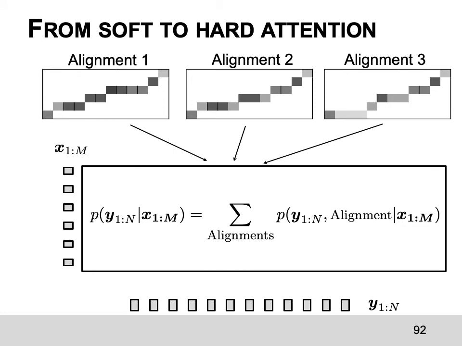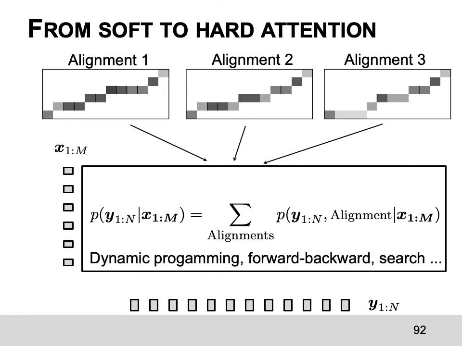So in order to evaluate the model likelihood during training, we have to treat the alignment as a latent variable of this probabilistic model. This idea is very similar to the hidden-Markov model, and as you can imagine, during training, we have to use all kinds of dynamic programming, feed-forward or search algorithms to evaluate model likelihood.